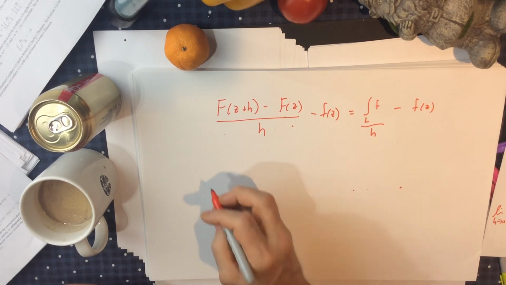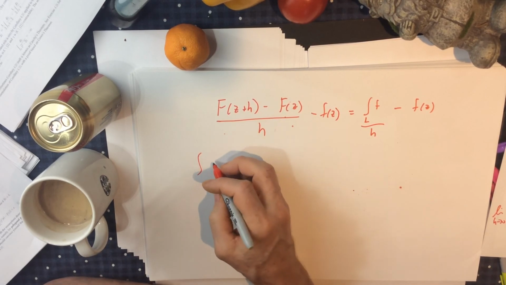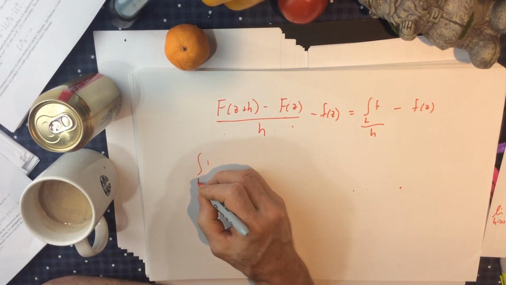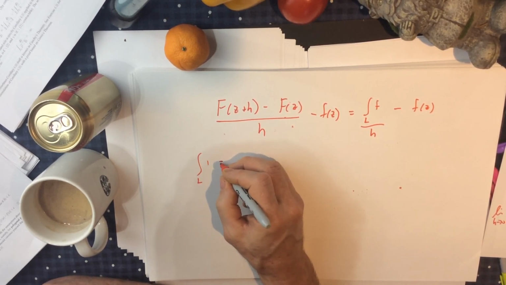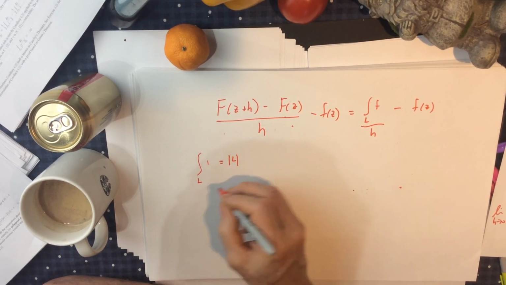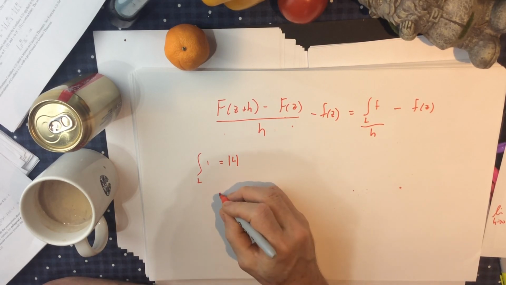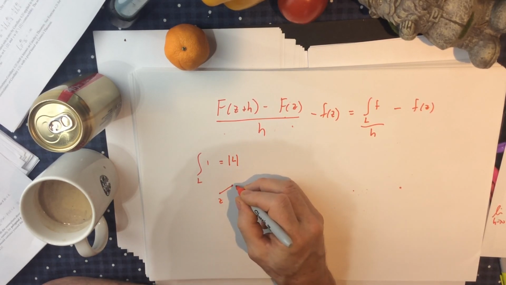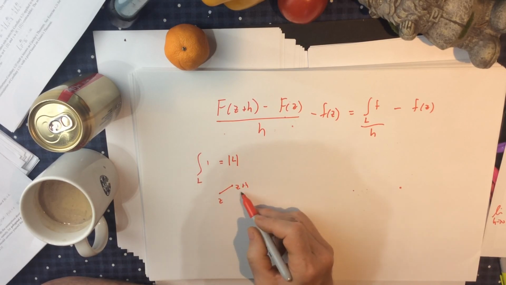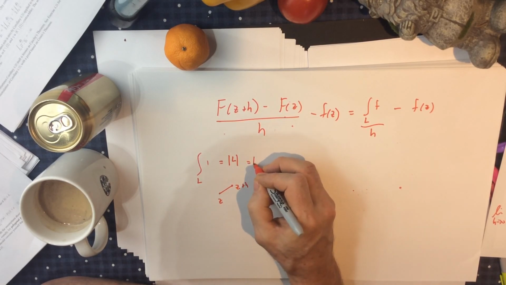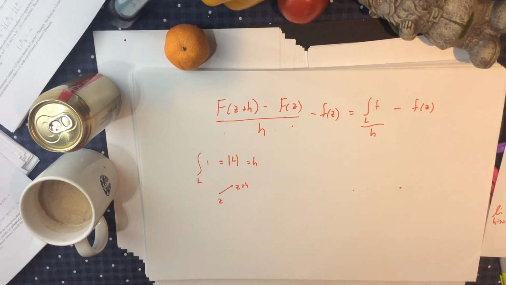Well, what is the integral over the function 1 on the line segment L? Why, that is just the length of L, the straight line right there, right? But here was z, and here was z plus h. We know that distance. That's the distance h. And so this is not terribly bad to use.